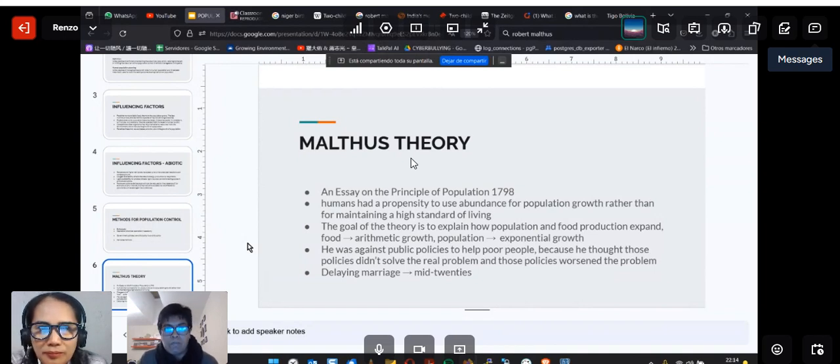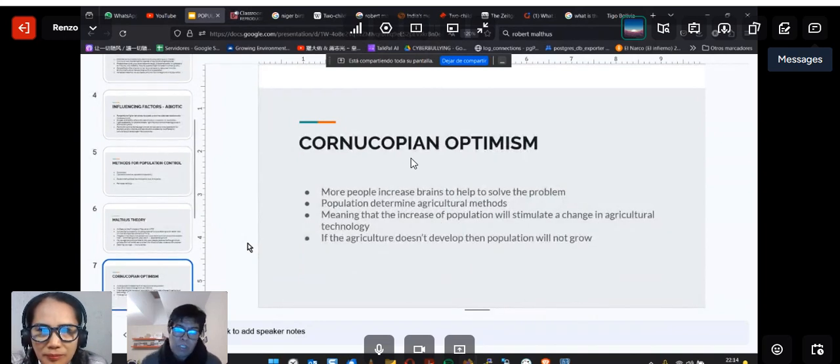But there is always the yin to the yang. So there is another movement also, which is called the cornucopian, also called cornucopian optimism.